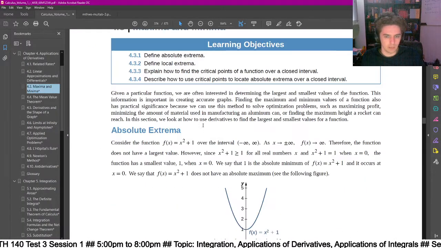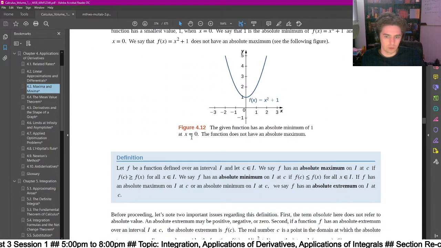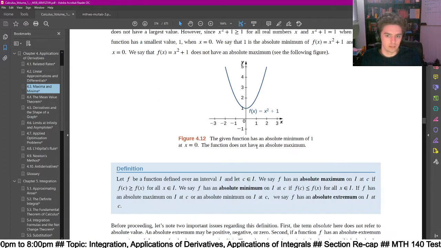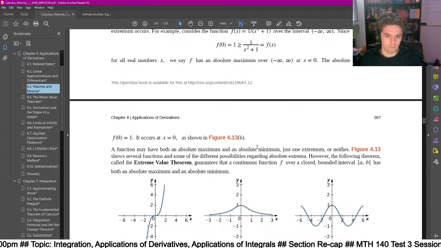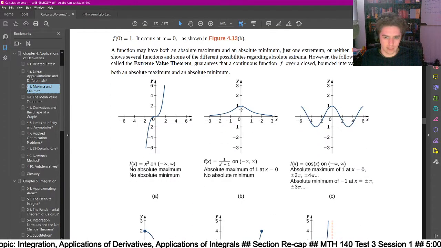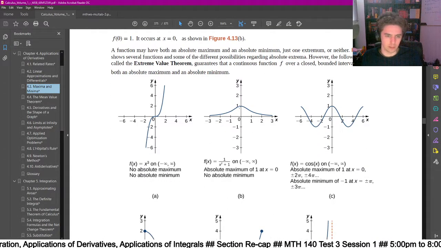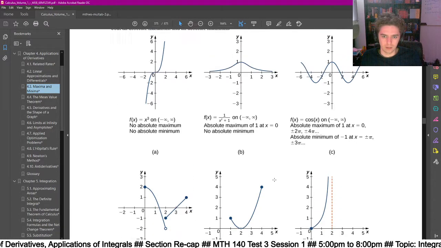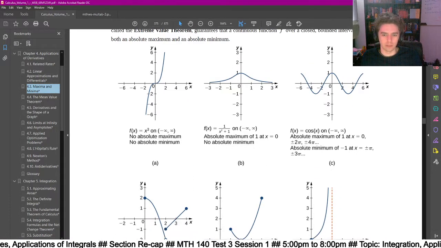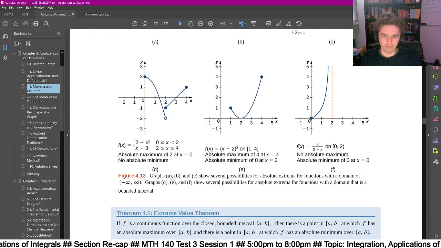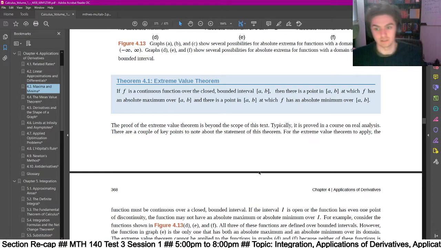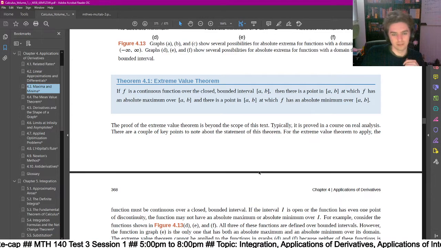The next one's maxima and minima. When the derivative is 0, you have some sort of critical point, right? So that's an absolute maximum and a local maximum. Here it says no absolute minimum. It's kind of self-explanatory, I think, but if someone has questions about it, of course, you can ask me.